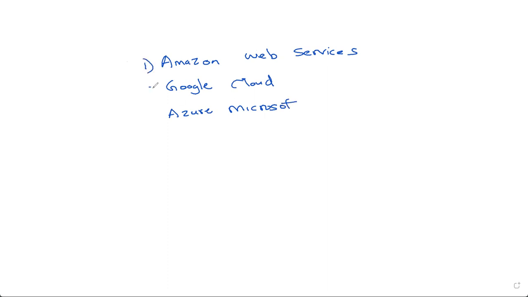So we have Amazon Web Services, Google Cloud, and Azure by Microsoft. These are some of the popular platforms that enable you to carry out an IoT network.